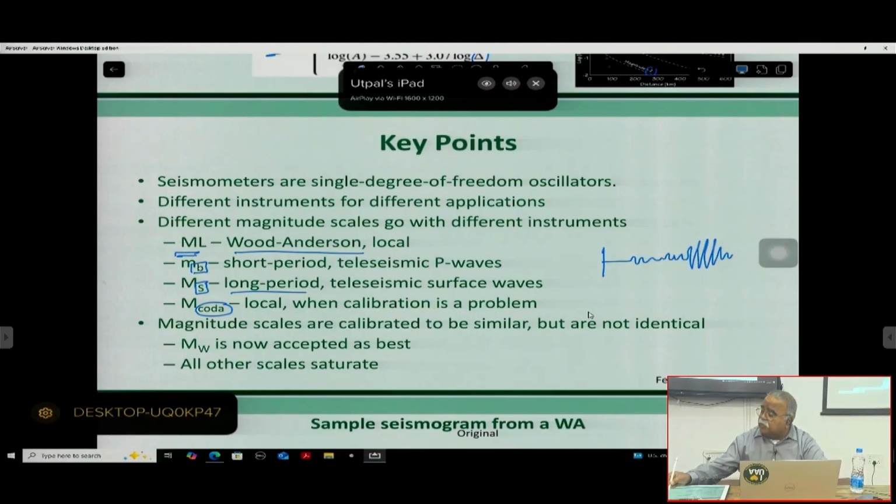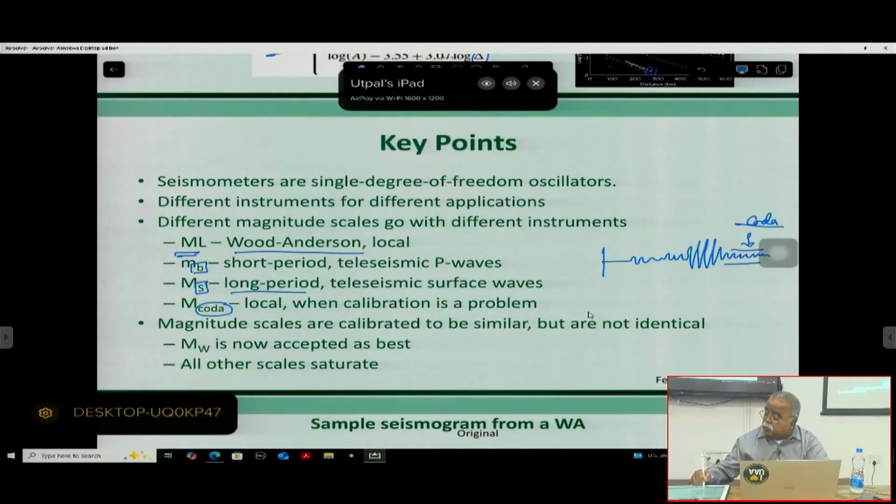After surface waves, there is a long trail, and this is what we call the coda. Aki and afterwards a few scientists used the coda as one of the reliable magnitudes for a local earthquake. So this is your M coda.